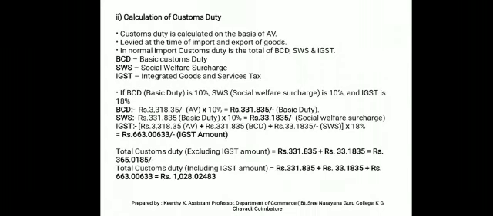If the total customs duty is including IGST, then we add the basic customs duty plus social welfare surcharge plus the IGST. Adding these three, we get rupees 1028.02483 as our total customs duty if the IGST is included.